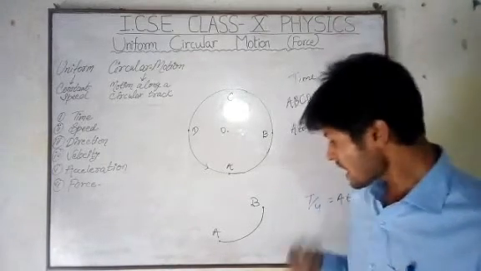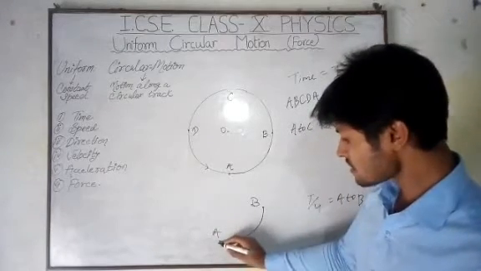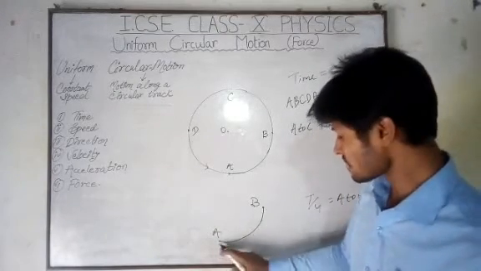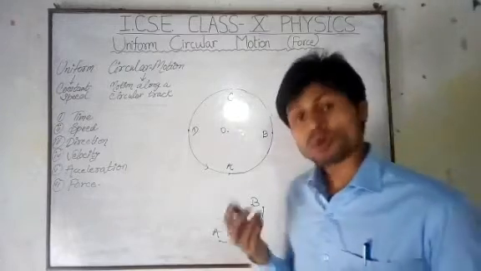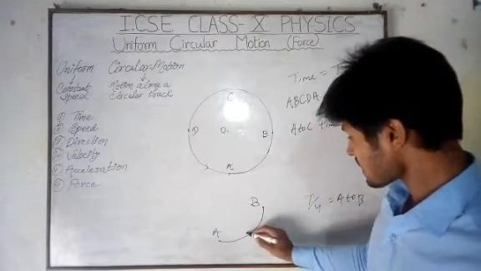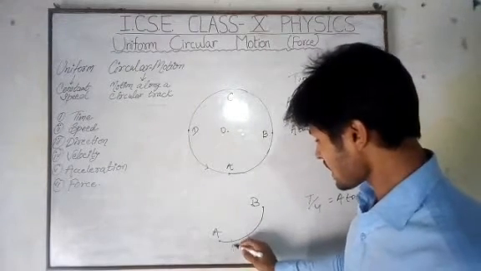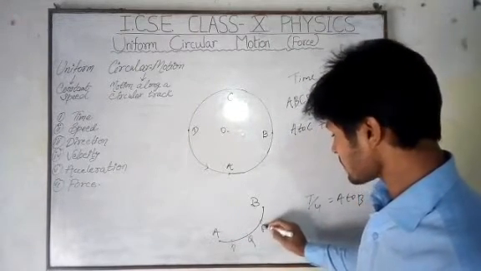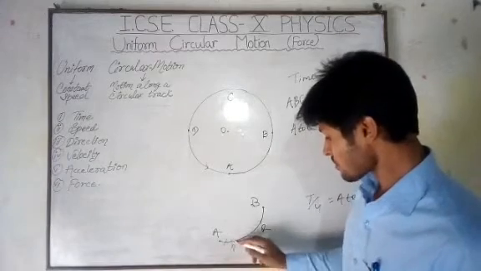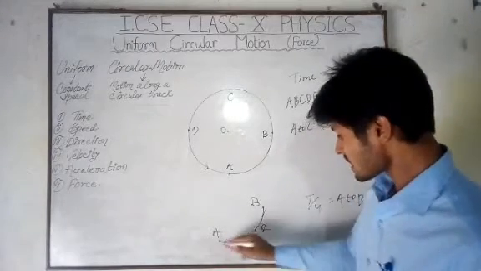Now if we divide this smaller section of the circular track into even smaller sections, suppose we take the points P, Q and R, there are 4 smaller sections of AB.